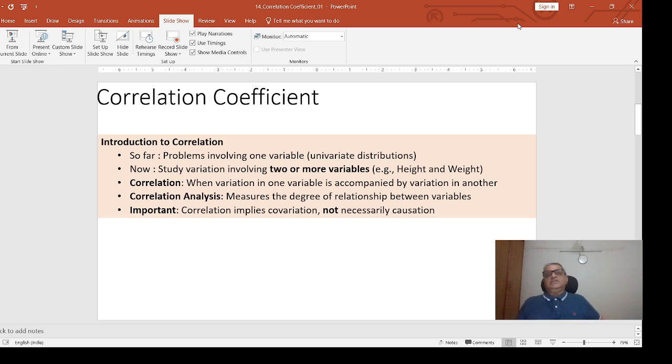But understand, there can be one relationship: when heat increases, sales of ice cream increase. And when heat increases, people go to swim, and that is where the number of drowning incidences increases.